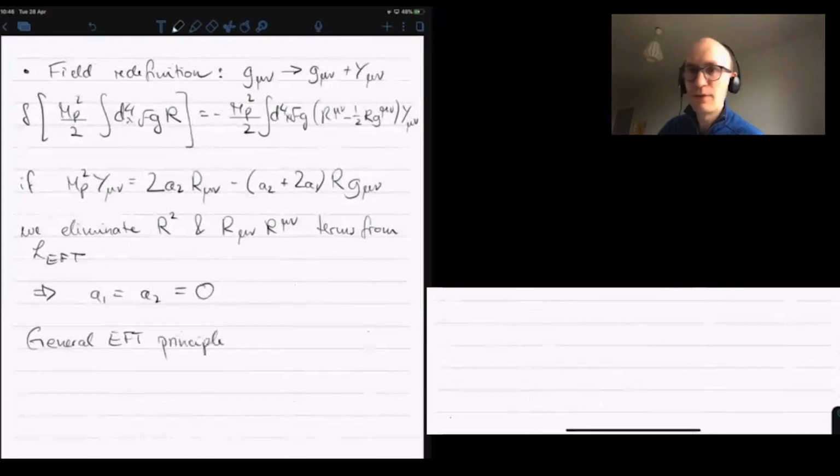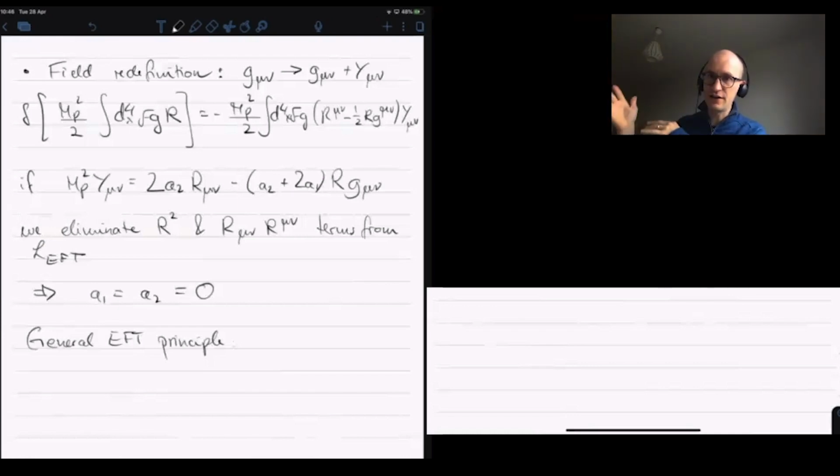Because you're truncating by construction at a given order in derivatives, what happens at the next order in derivatives and higher, you're just ignoring. Because you're ignoring it for good physical reasons, you can shift all of your worries to higher derivatives.